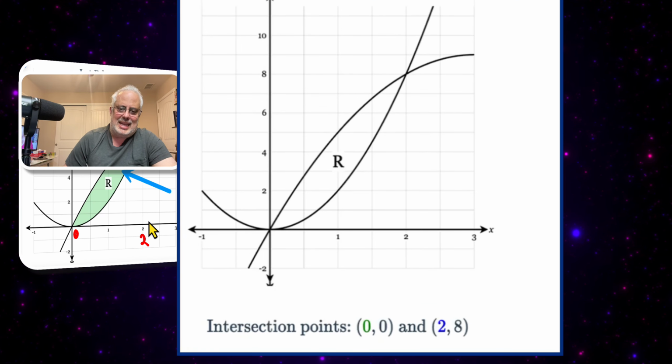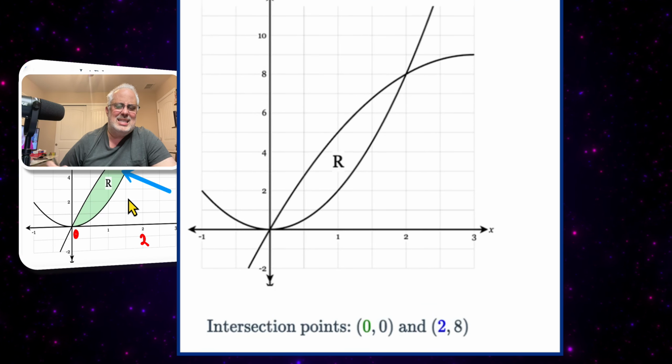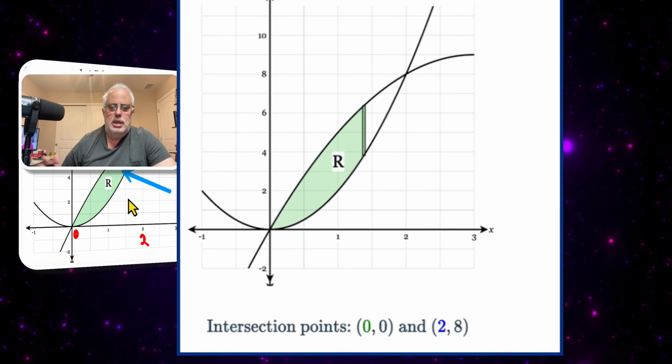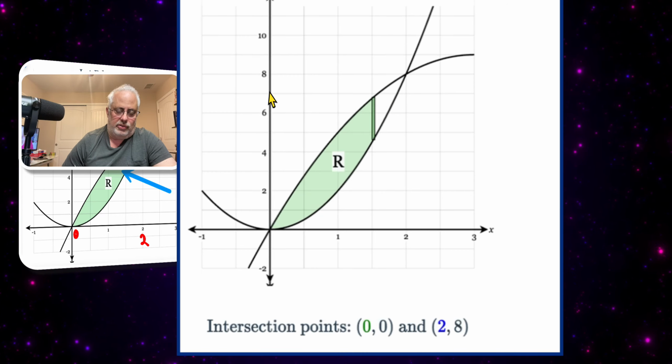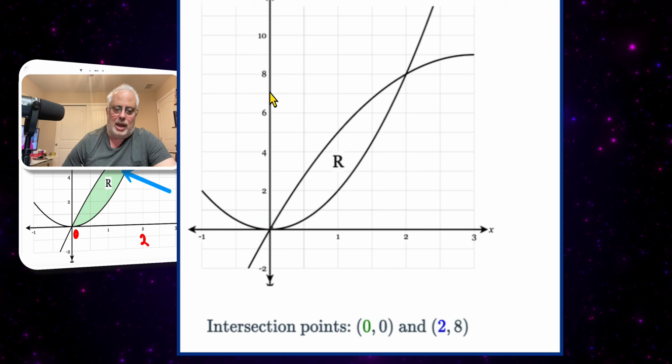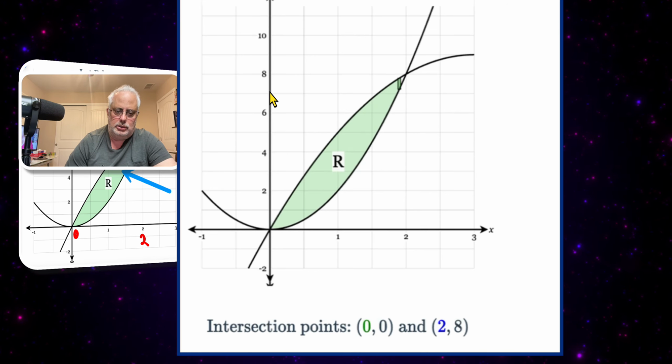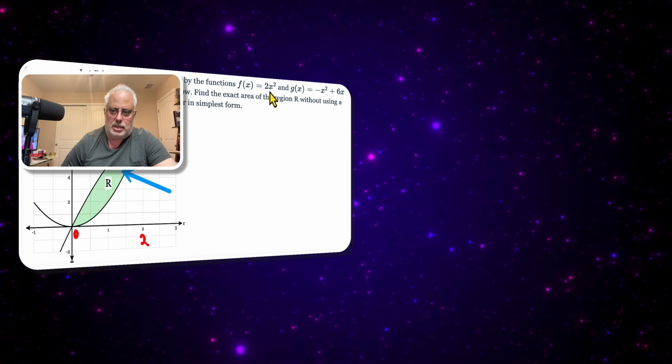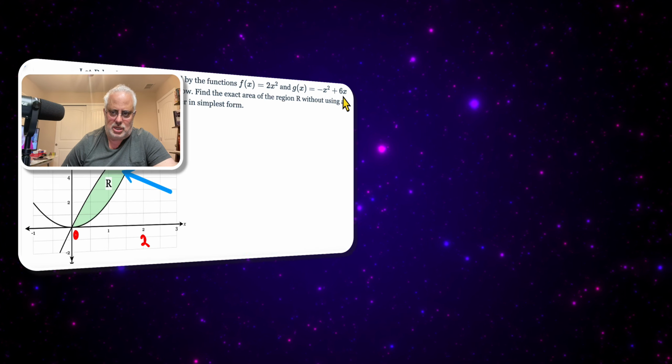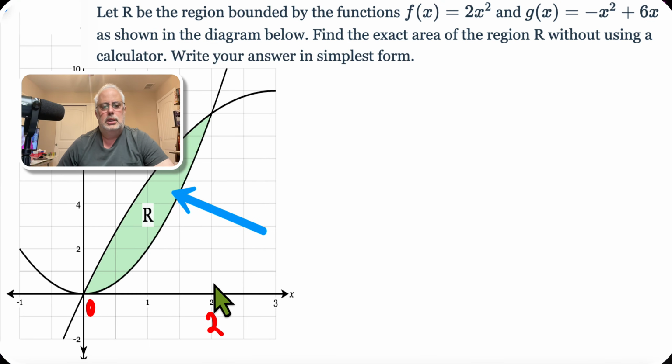So, number one, let's identify the curves. 2x squared, f of x, is the parabola that opens upward, the lower curve. And minus x squared plus 6x is the parabola that opens downward. This is the upper curve right here, upper and lower curve.